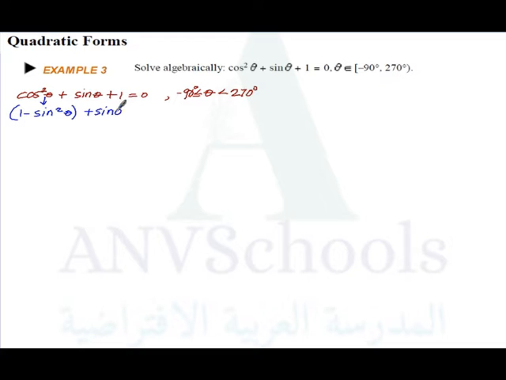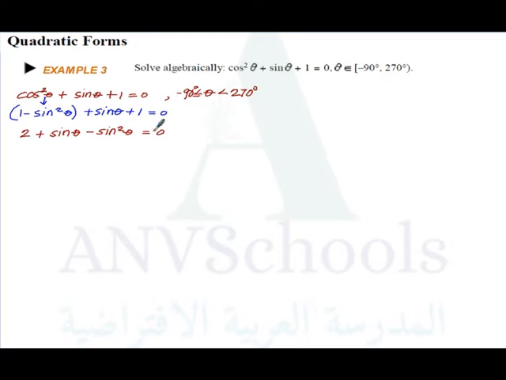So we could now find the value of theta, because our equation is in terms of sine theta. Then we will have 2 plus sine theta minus sine squared theta, arranging from the least to the greatest exponent.